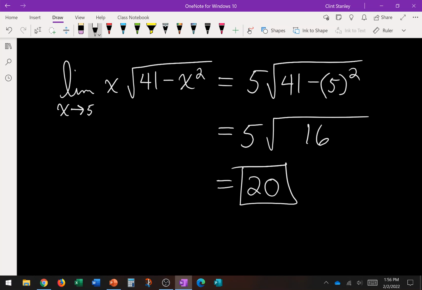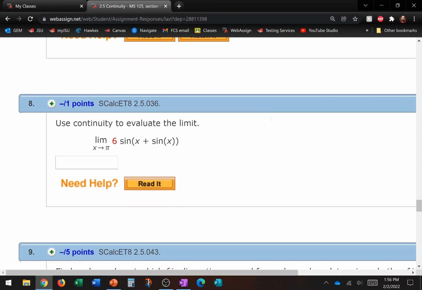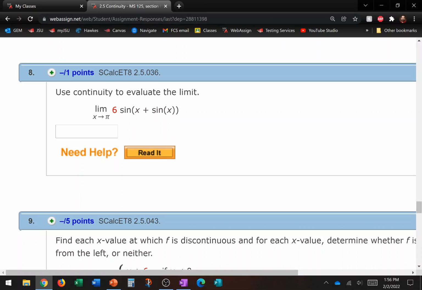And then I think 8 is a similar type of deal. It looks really complicated potentially, but sine is continuous. X is a polynomial, so it's continuous. The sum of two continuous functions is continuous. If we take a function that is continuous and plug it into another function, we get continuity.